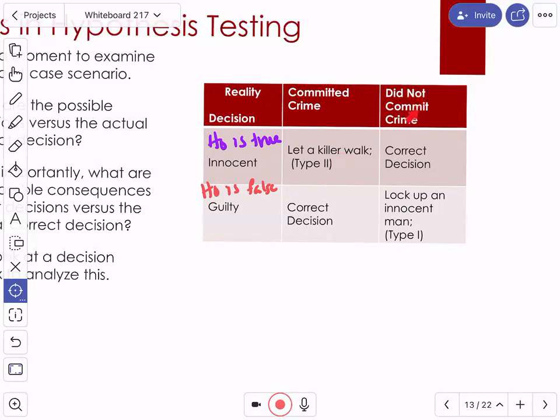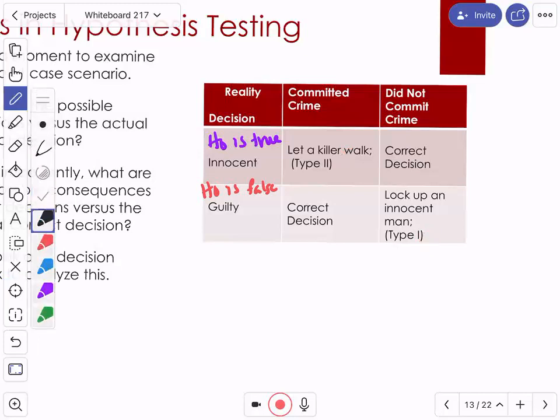If a person did not commit the crime and they're found innocent, that is a correct decision. If a person is guilty and they committed the crime, that is also a correct decision. If a person is found guilty, but they did not commit the crime, they're innocent, you're locking up an innocent person. That's known as a type 1 error.